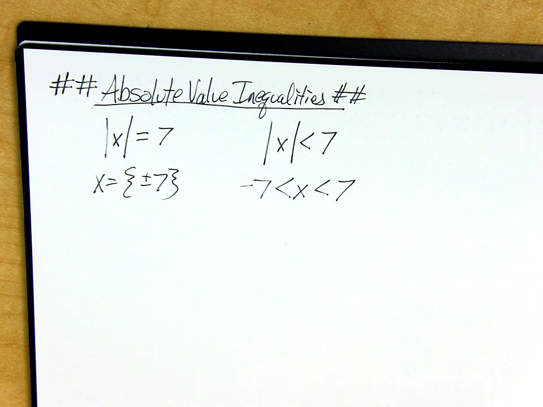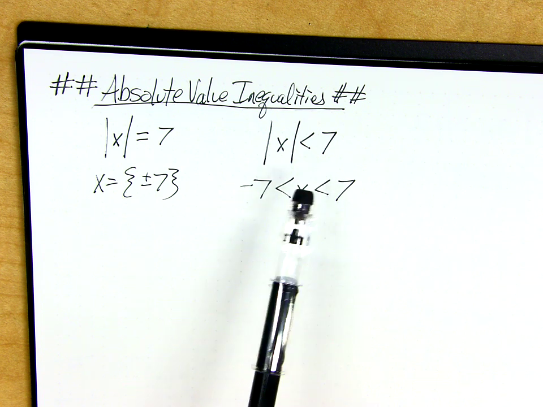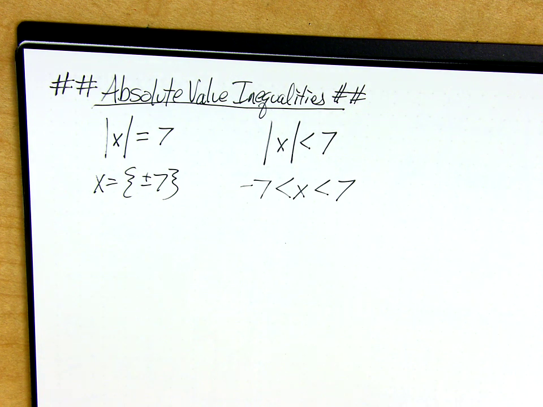And actually, before we get into that, let's talk. There are ones that have no solution. How could I have no solution with an inequality here? If this number is negative? Yeah. So it depends. I can't have an absolute value that's less than a negative number, right?